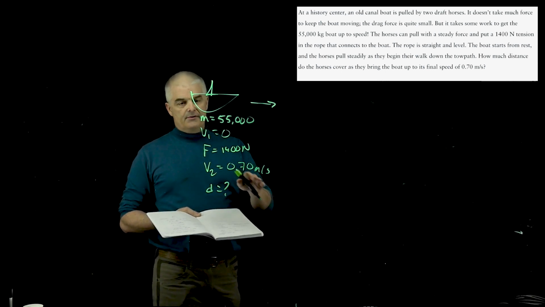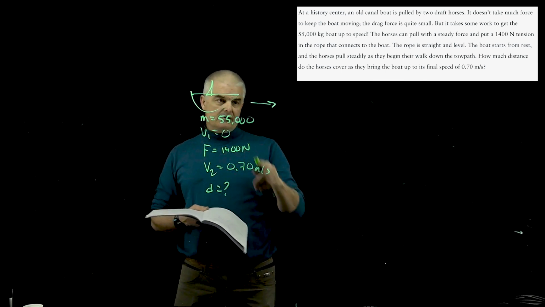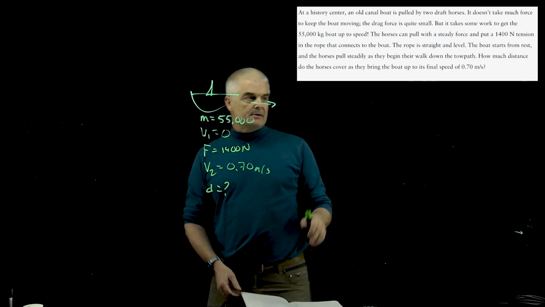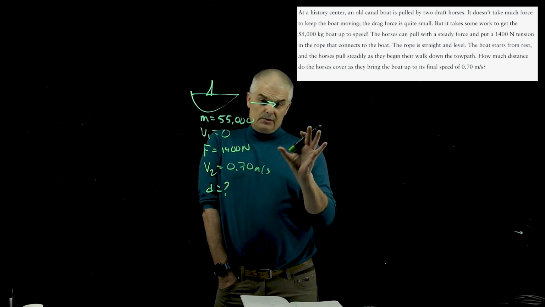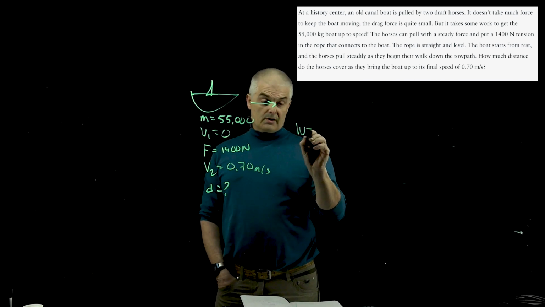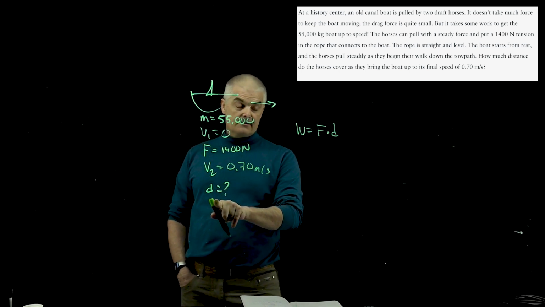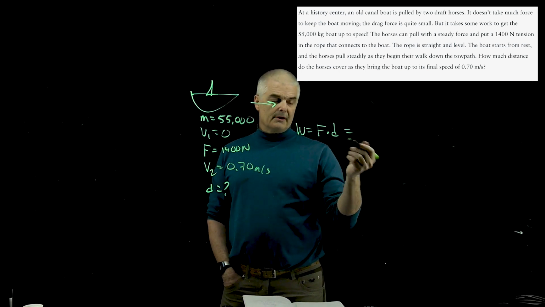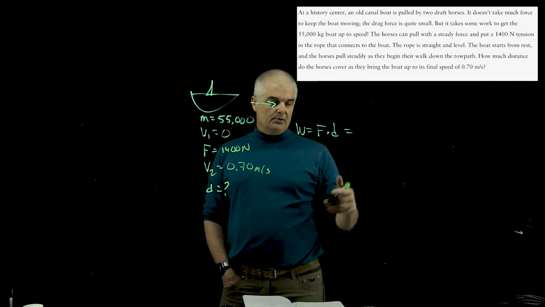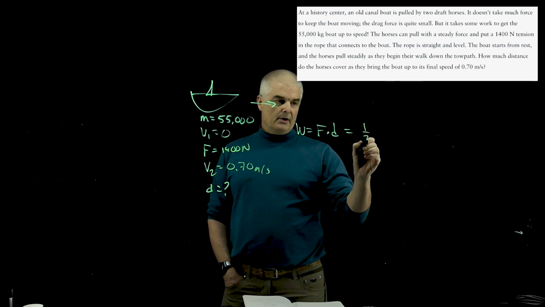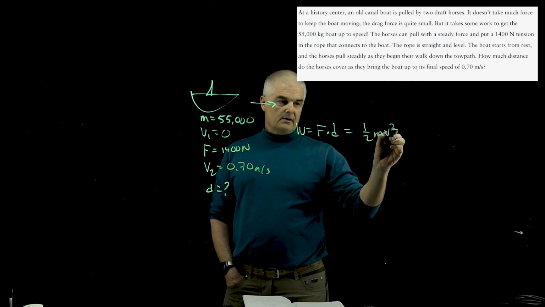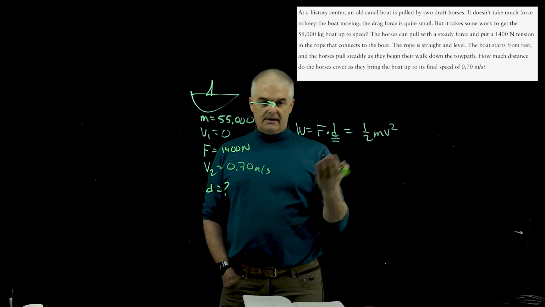Sometimes this is where you're mixing up our two different equations. If you remember, work is force times distance, and you're solving for distance. But also, if something has moved, that's also equal to 1/2 mv squared. And guess what? We know everything here.